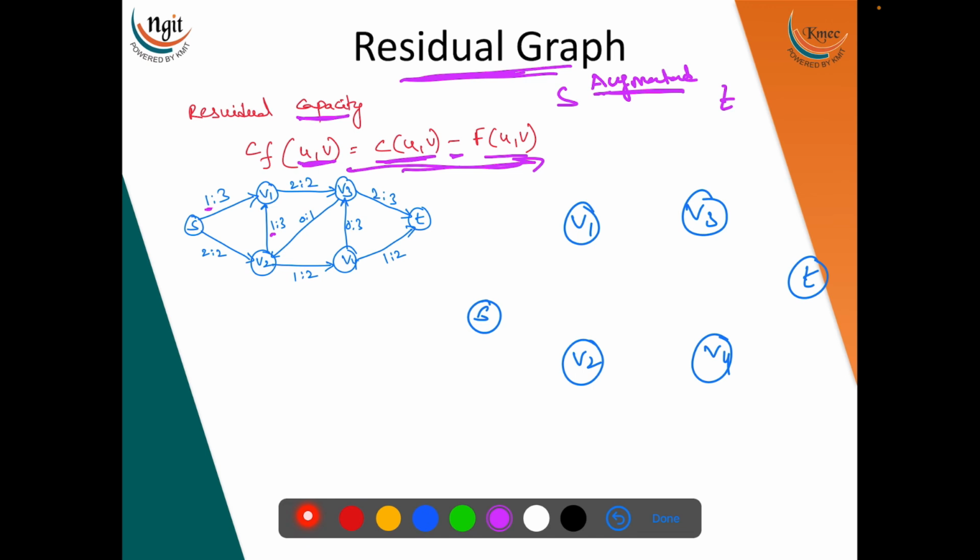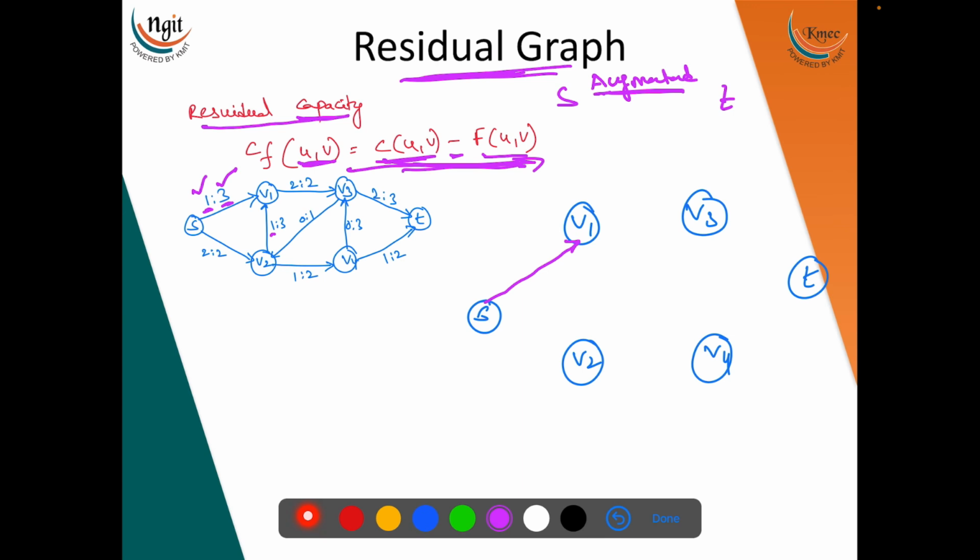I have taken the basic values that were there earlier. From S to V1 there is an edge, with some flow value and some capacity value. The residual graph has to maintain residual capacity, calculated with the formula capacity minus flow value. What is the capacity? 3.